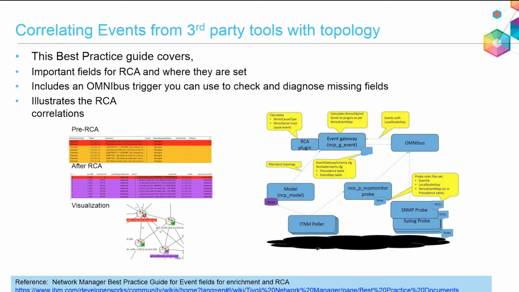What this slide is really doing is pointing you to a best practice guide that describes these fields and enrichment. On the right-hand side, I've taken the diagram that goes through the different processes and where the fields typically get filled in as the event travels around the system.